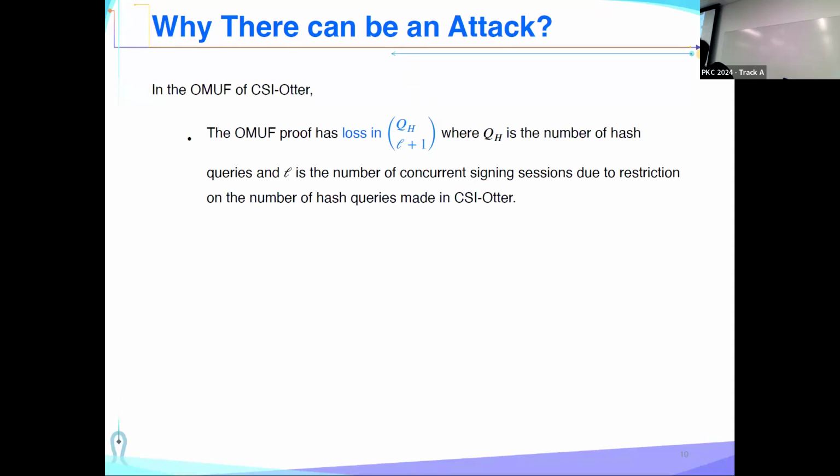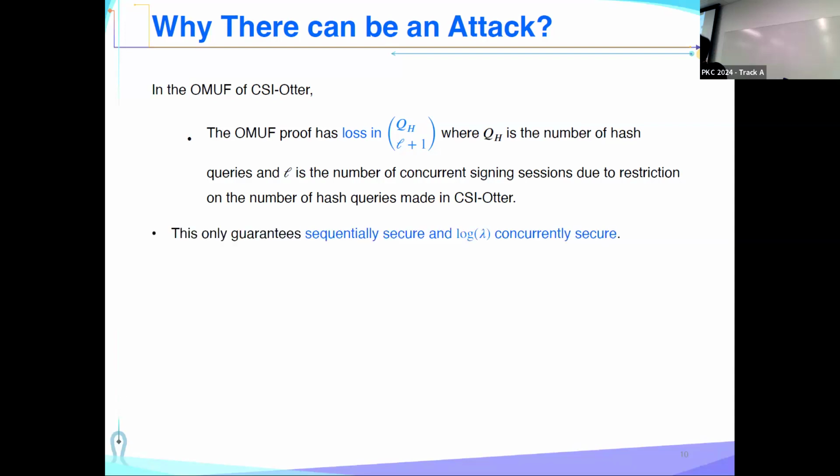So the first question is: why can we have an attack? If you have faith in security proofs, you will be surprised that we can have an attack, because those papers have security proofs, no? This is because, let's take Sterlin, for example. Sterlin has a one-more security proof. It has a loss of Q^(L+1), where Q is the number of hash queries and L is the number of concurrent signing sessions.